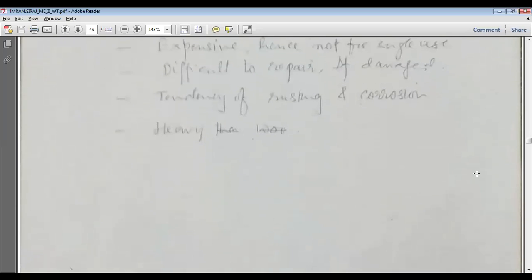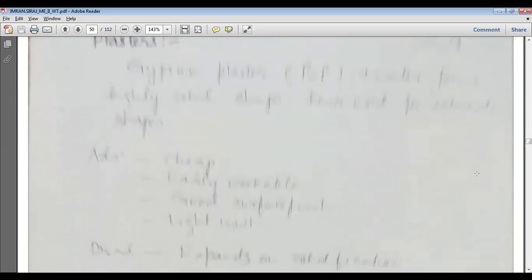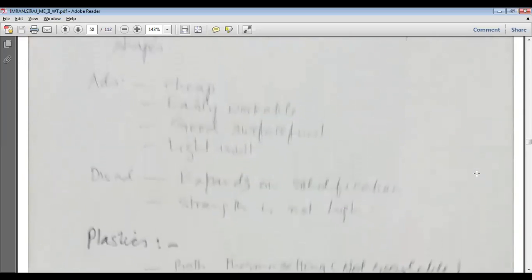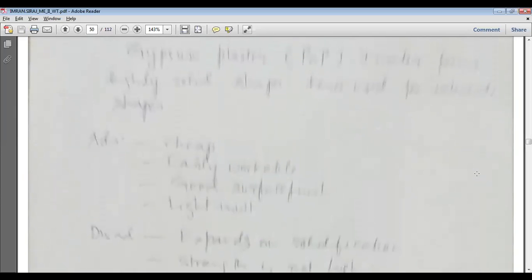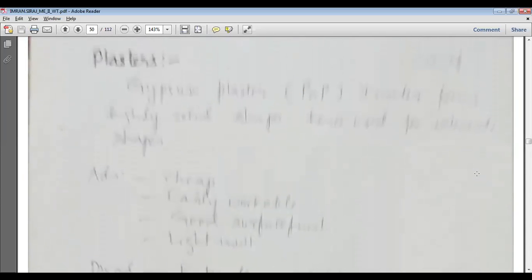So now next is plasters. Plasters, as we talked about right now, plaster of Paris and gypsum plaster. POP gypsum plaster is basically used for joining cracked bones, and we have seen this gypsum plaster while covering a cracked bone.